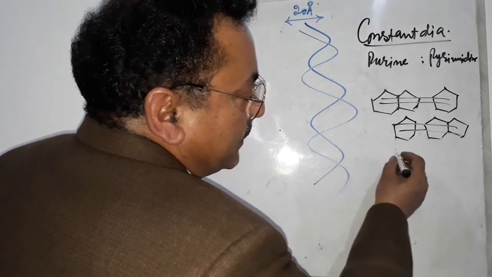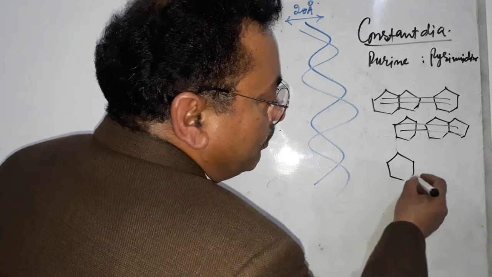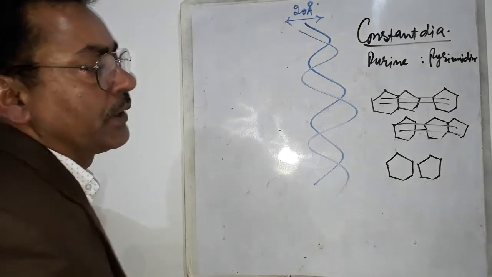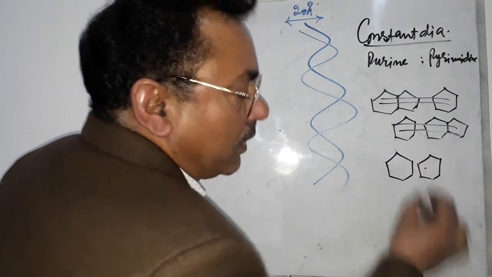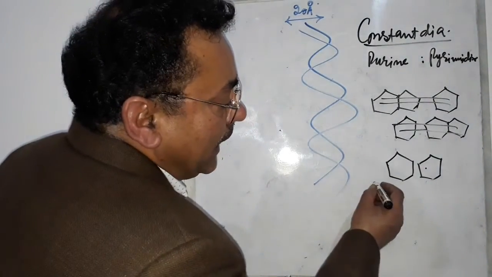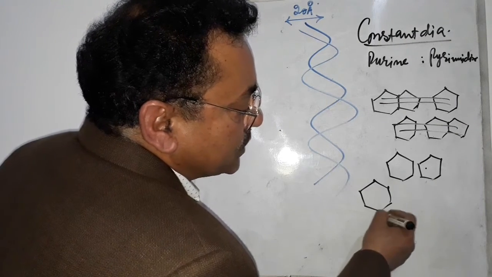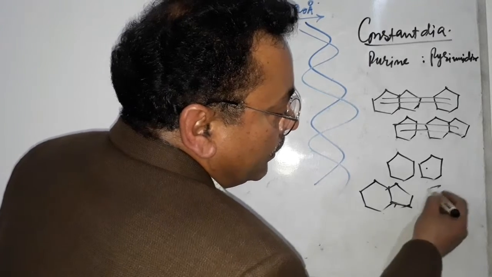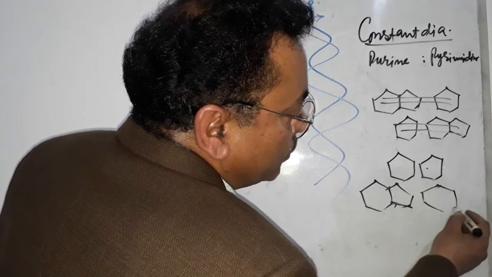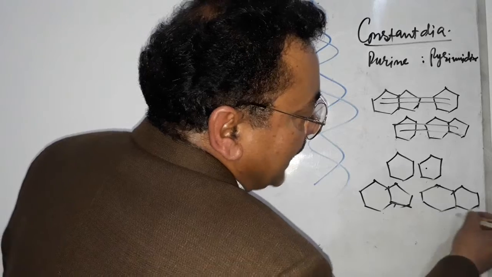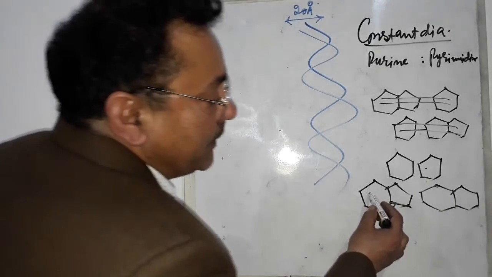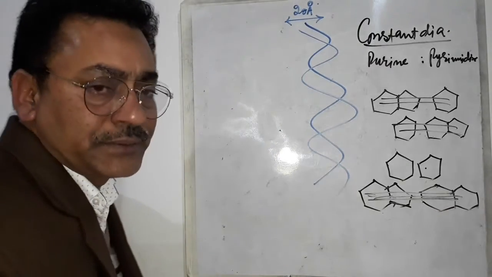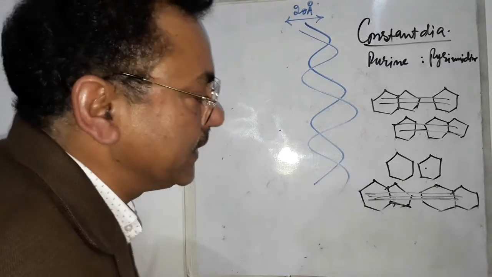If, for example, two pyrimidines would pair at some points in the DNA, the diameter would fall. On the other hand, if two purines would pair at some points in DNA, two purines which are both dicyclic, then the diameter would have been more than 20 angstroms. It would rise at those points in the DNA.